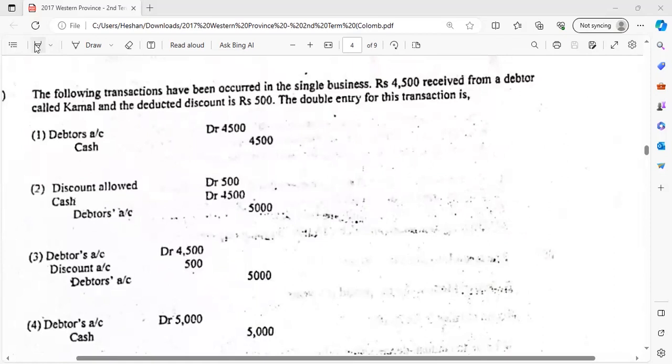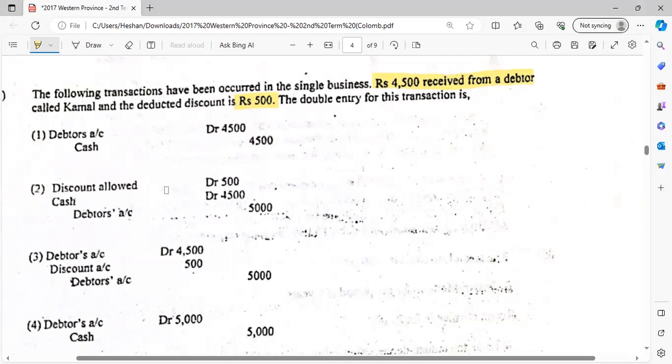We received 4,500 in cash. Other than this 4,500, we also deducted another 500. So the debtor amount should be how much? It should be 5,000. Am I correct, guys? Is it clear to you? Yes.